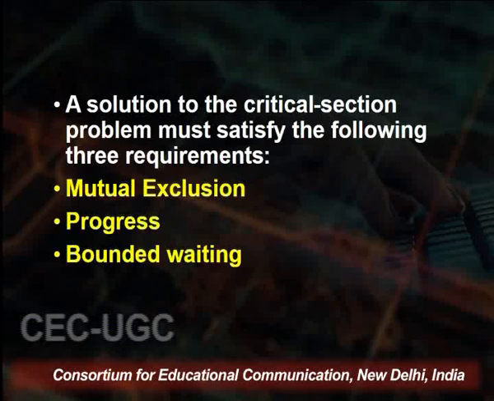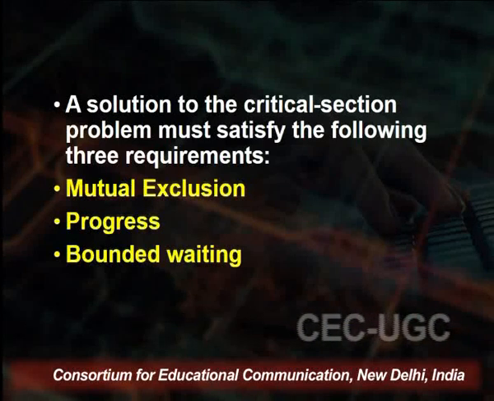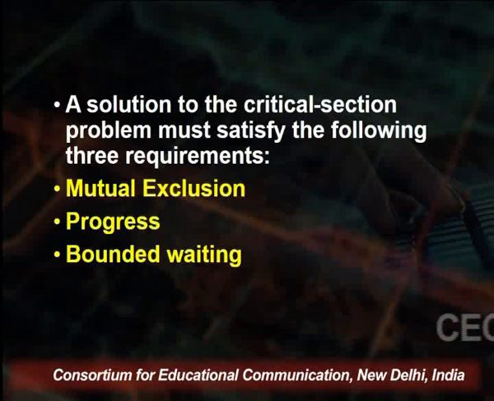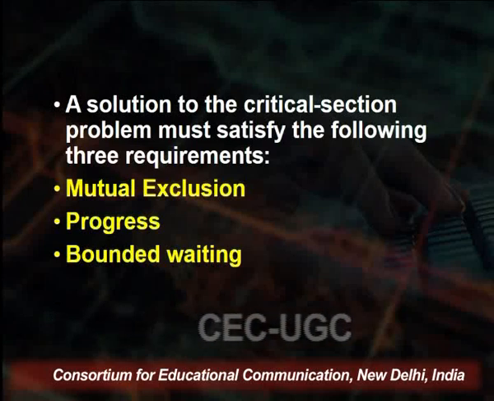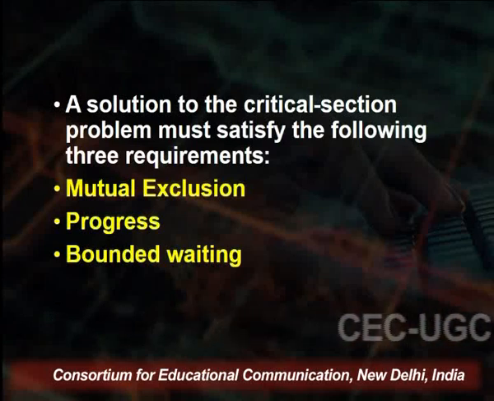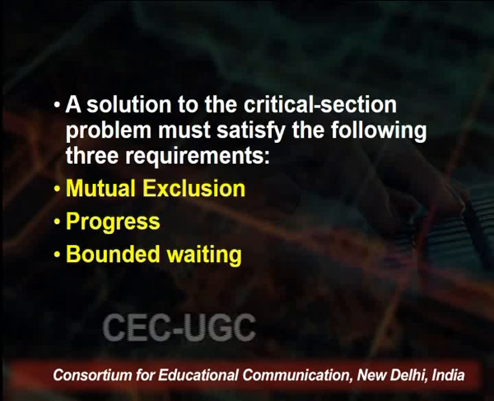One is mutual exclusion, another one is progress, and the third one is bounded waiting. I repeat, whatever solution it is, that solution must satisfy these three requirements as written below.